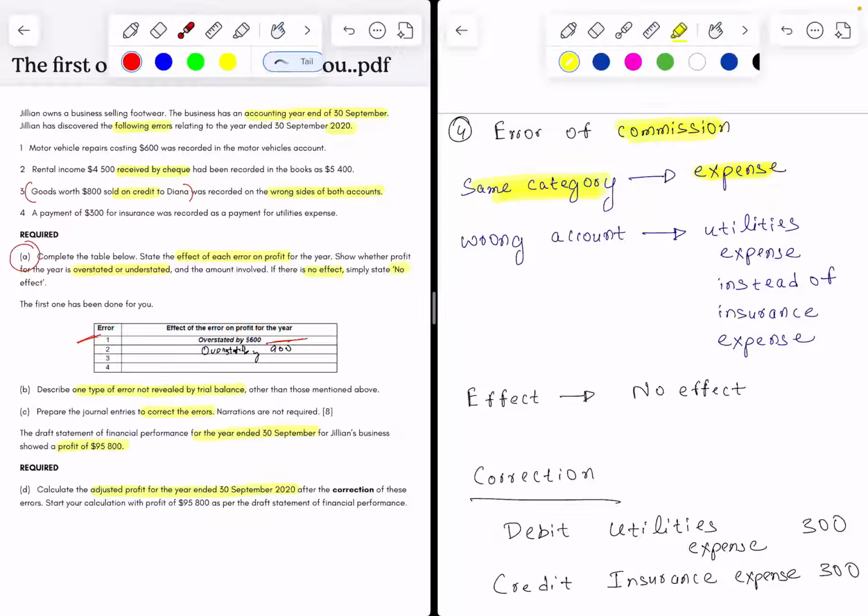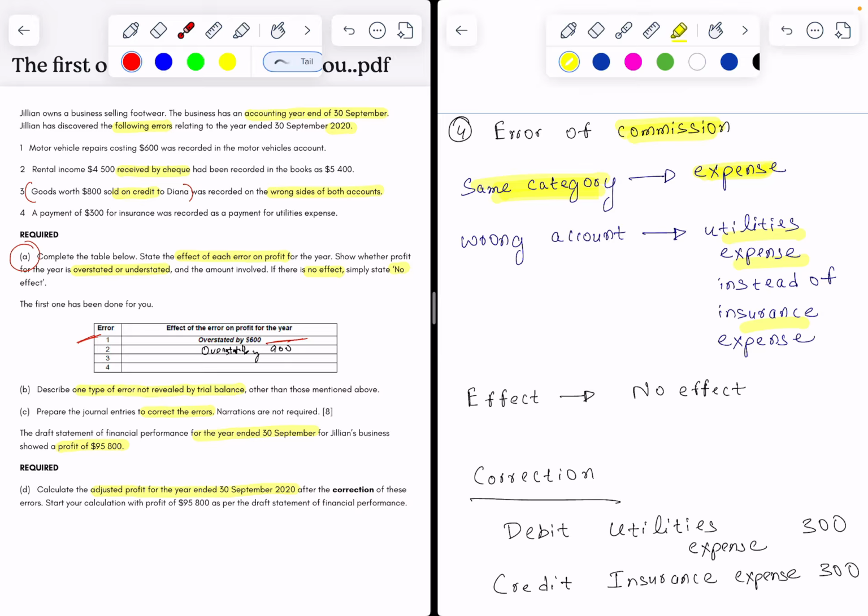It's the expense, the category of expense, which is the insurance expense and the utilities expense. But the wrong account has been used where we ended up recording the transaction in the account for utilities instead of the account for insurance.